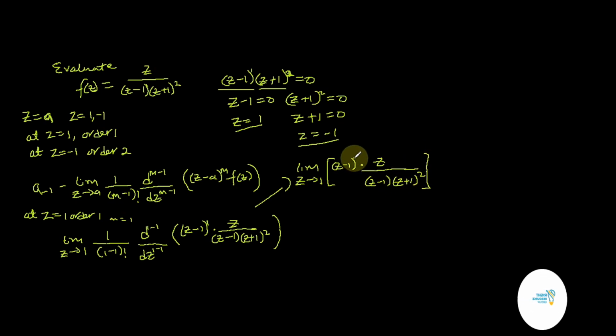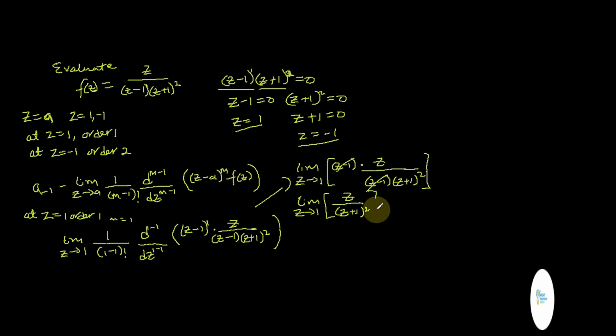So we have z minus 1 here and z minus 1 here, and these two will divide each other. So we are now left with the limit as z tends to 1 of z divided by (z plus 1) all squared.